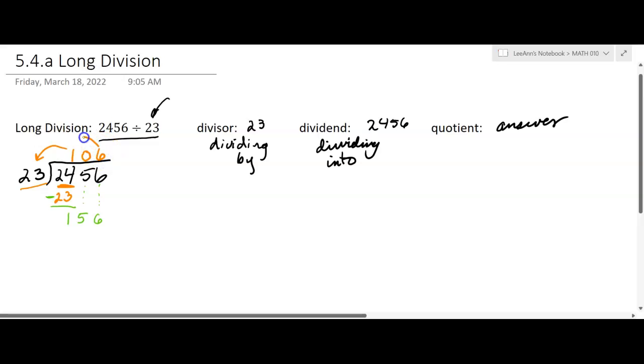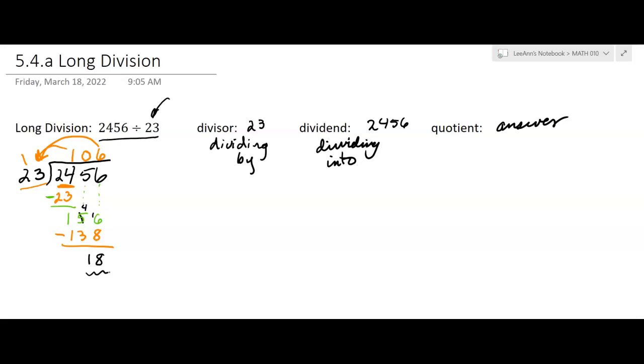And then you're going to multiply 6 times 23, which is 18, carry the 1, 12, 13. And then you're going to subtract. And so you get 8. So you're borrowing old math there. 3 from 4 is 1. You have a remainder of 18. Now that remainder has to be smaller than the divisor, but 18 is less than 23, so we're good.